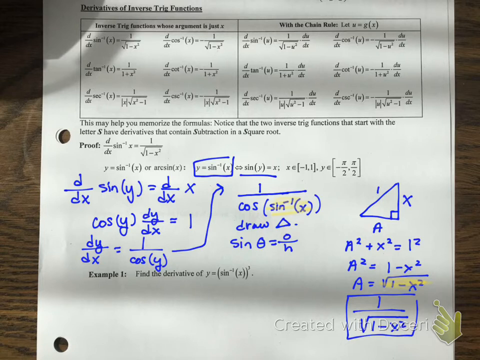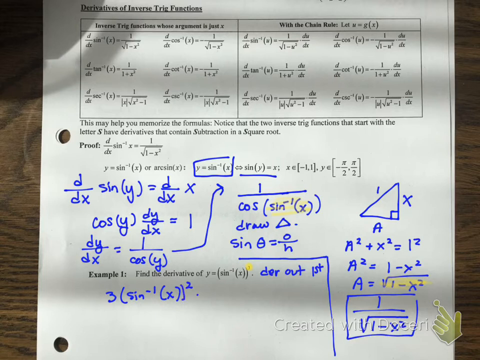Okay, so let's look at example number 1. By the way, I won't have one of those proofs on your test, but example 1 would be fair game. Find the derivative of y equals inverse sine of x, cubed. Now I'm looking at this and I know that I'm going to have to use the chain rule. So remember, we have to do the derivative of the outside first, right? So I'm going to take the 3 and bring that down there. So I have 3 times inverse sine of x squared.